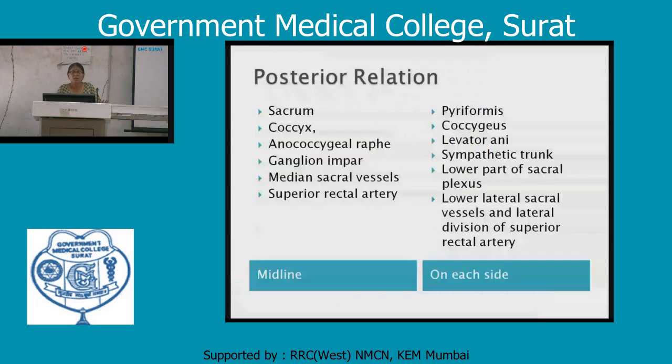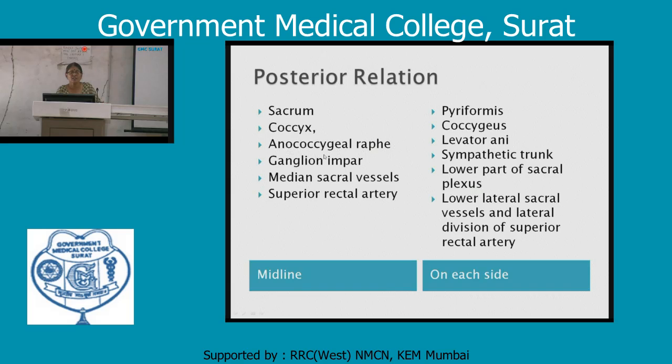Now, what are the posterior relations of the rectum? We know that it lies in front of the lower three pieces of the sacrum. So what are the relations in the midline? This is the midline relation: body of sacrum, coccyx. Then from the coccyx downward there is the anococcygeal raphe, from the coccyx to the posterior margin of the anus.